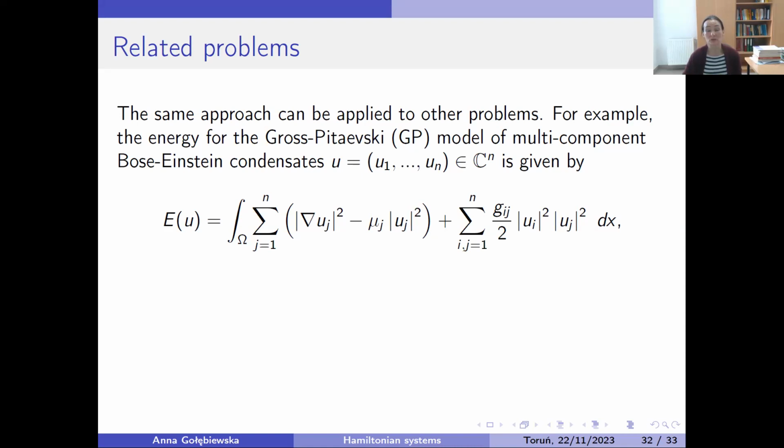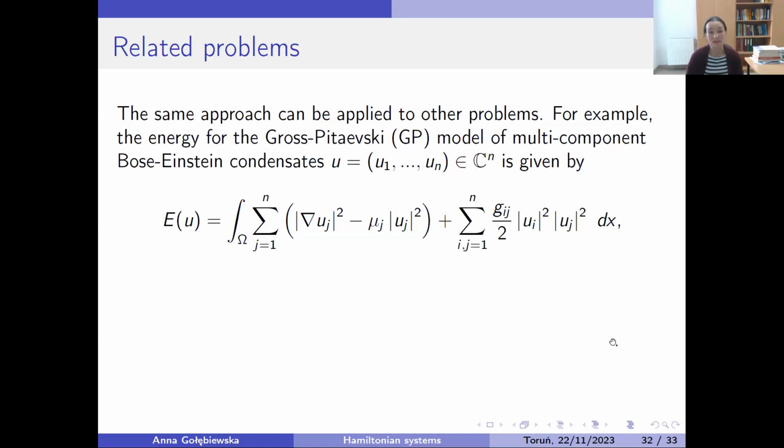If we use the Gross-Pitaevskii model, the energy of this model can be given by such a formula. The solutions U here are wave functions, and this gives us a problem quite similar to the problem of Hamiltonian systems.